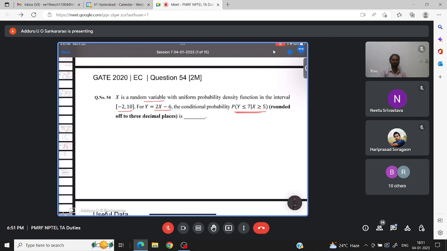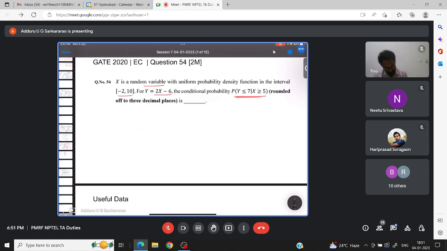Okay, so let me explain the question. What they have given is X is a uniform random variable with uniform probability density function in the interval minus 2 comma 10. That means its PDF, probability density function, fX of x, is from minus 2 to 10, uniformly distributed.